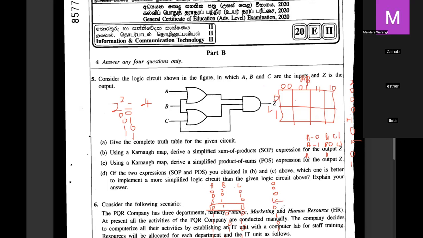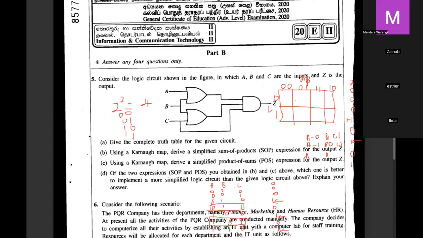Okay, you got it. Then the next place we got 1 is 1, 0, 1: A 1, B 0, and C 1. And the last place is 111.